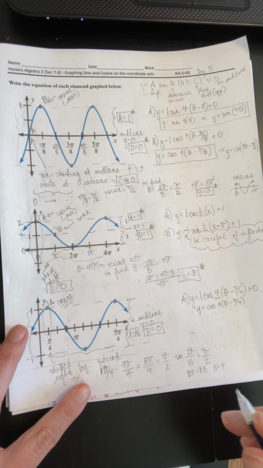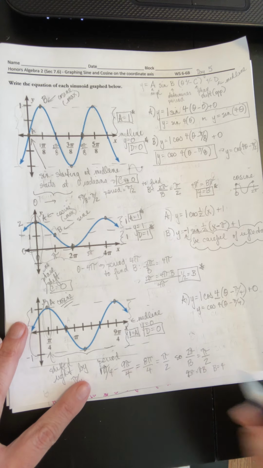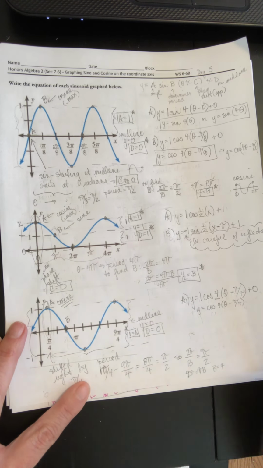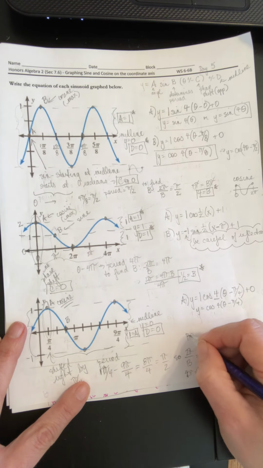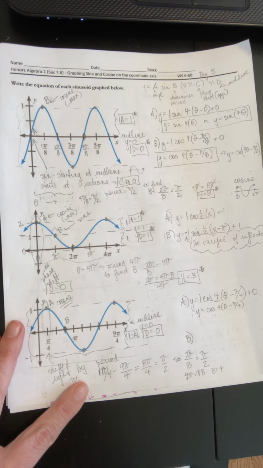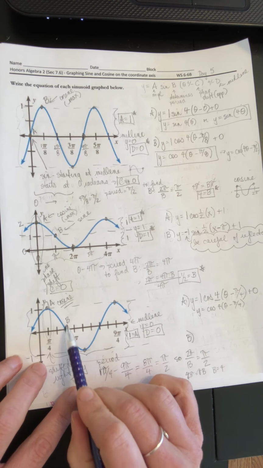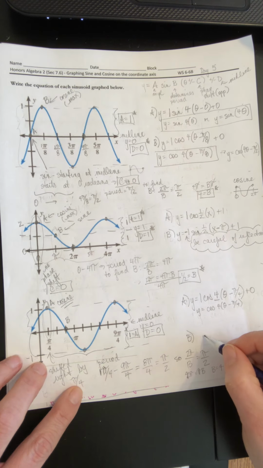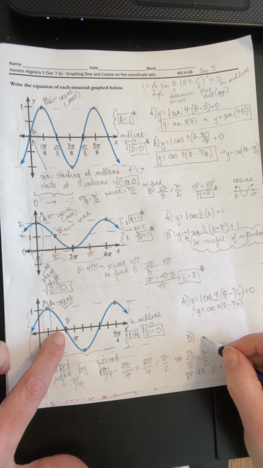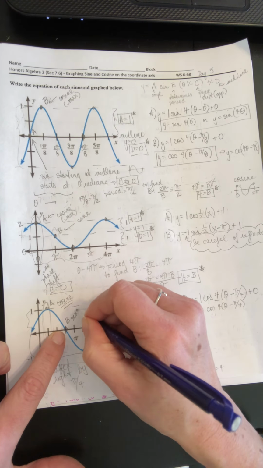Now you could also draw it from B. So let's say we're at B. If I'm thinking about B, this is a sine curve because I'm at the midline.